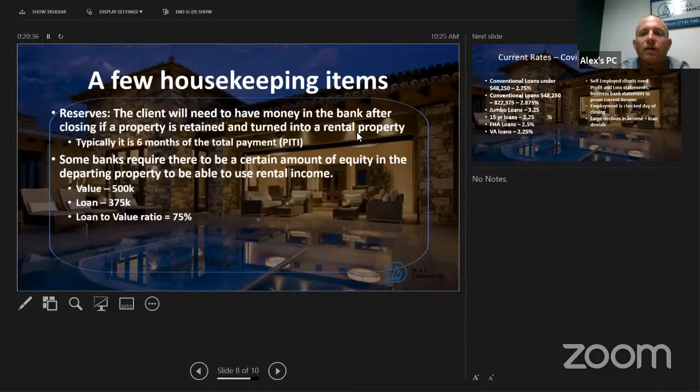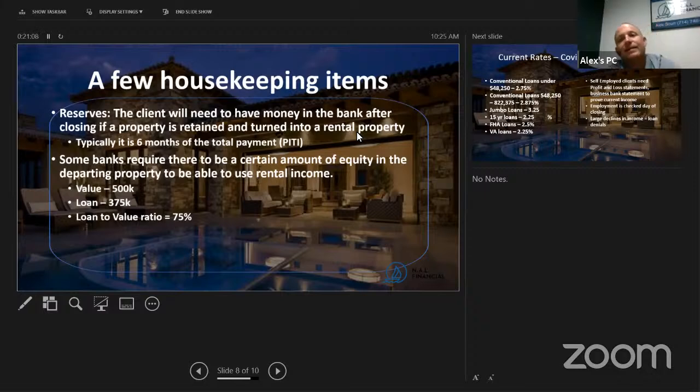One month of reserves would be the sum of 1 month of your principal, interest, taxes, insurance, HOA payment. And typically in these cases, they like somewhere between 2 and 6 months of reserves for the property that you're keeping. Because you're going to turn it into a rental, they don't know how quickly you're going to be able to rent it out. They like to see that you have some money to cover the payment for a few months, to give them the blessing that you have the wherewithal to do 2 houses.